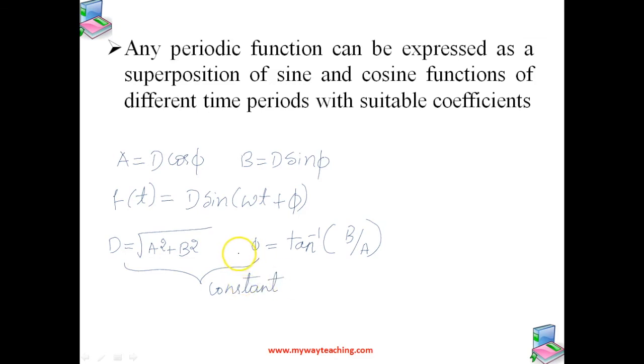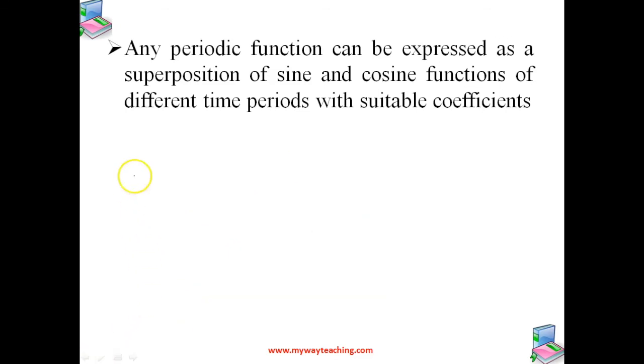See, the great importance of periodic sine and cosine functions is due to a remarkable result which is proved by the French mathematician Jean Baptiste Joseph Fourier. What is it that he found? Yes, Joseph Fourier.